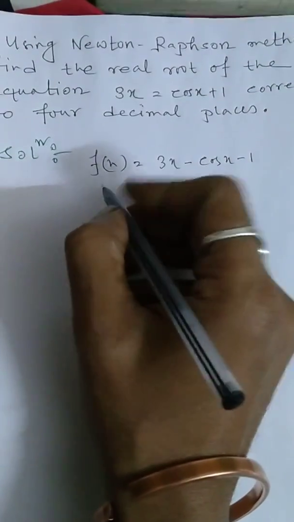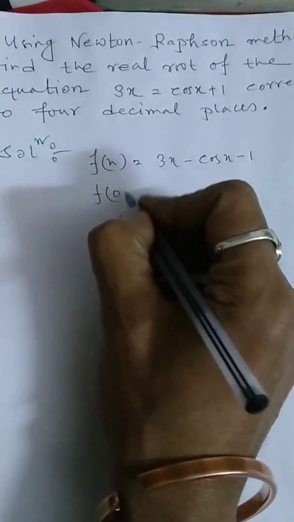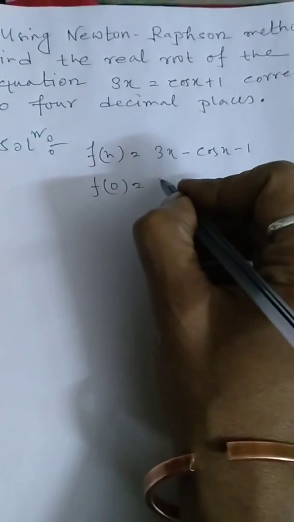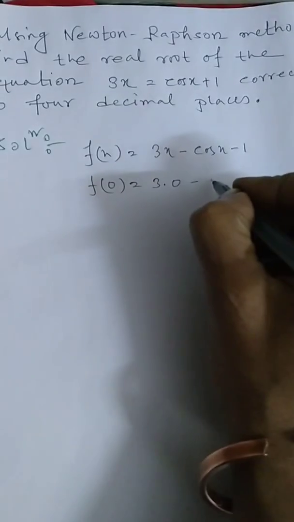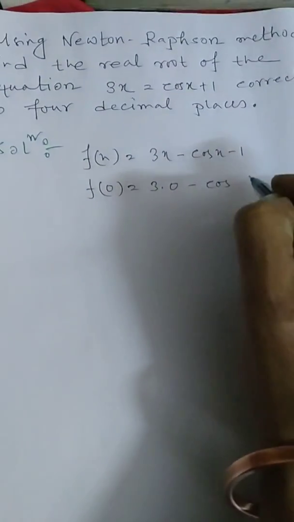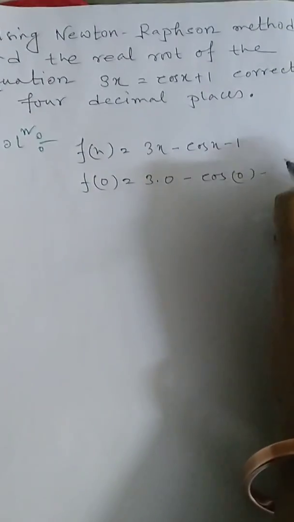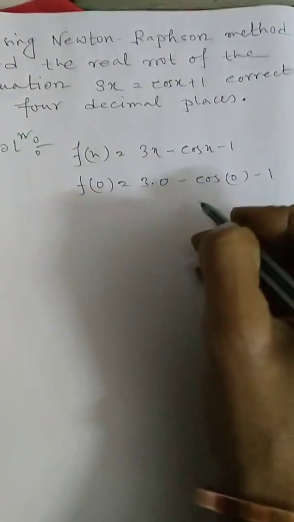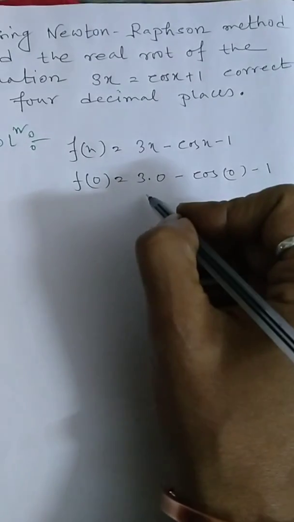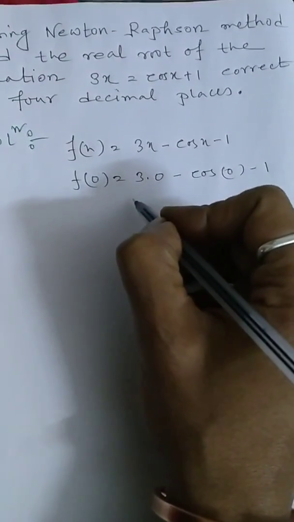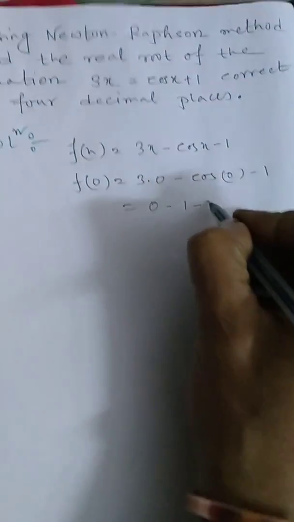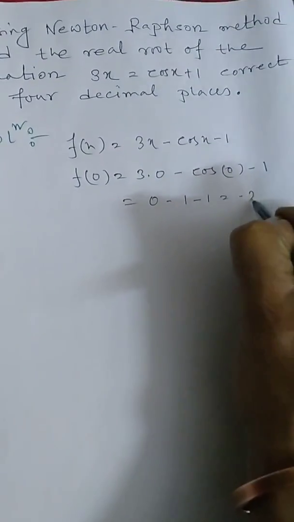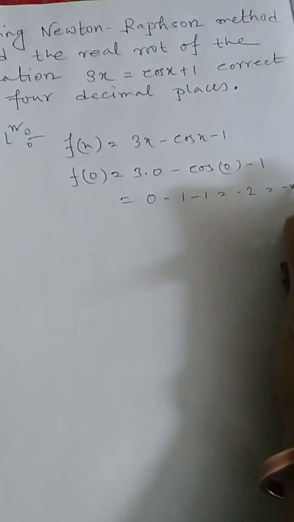So here we write f of 0 equals 3 into 0 minus cos of 0 minus 1. So definitely it will come minus 2. This is 0, this is minus 1, equals minus 2. So that is negative.